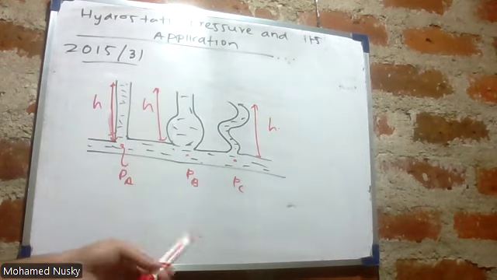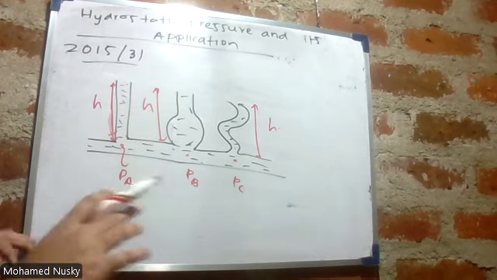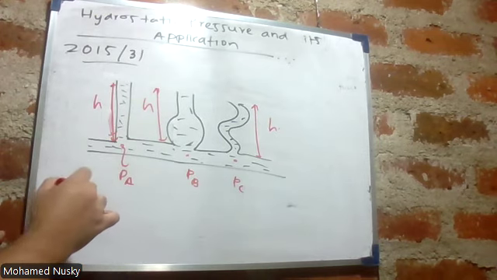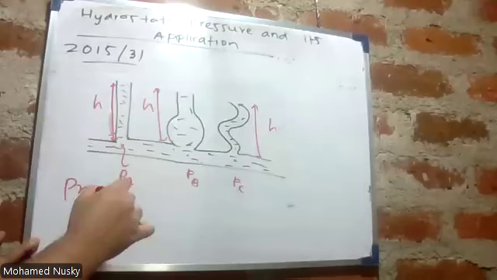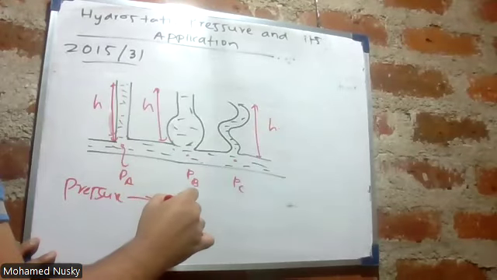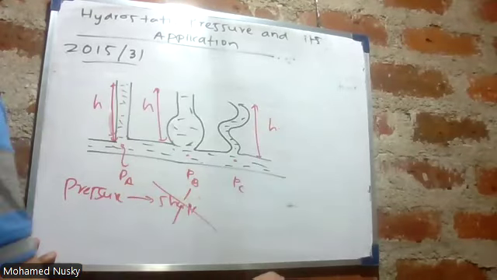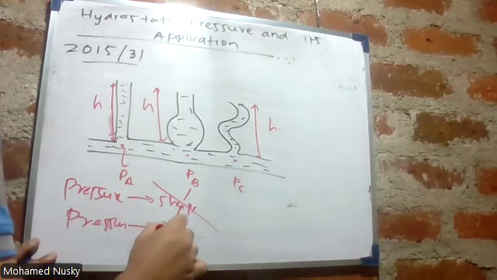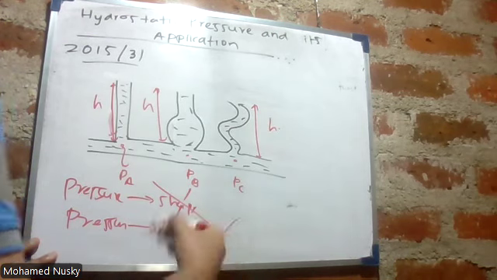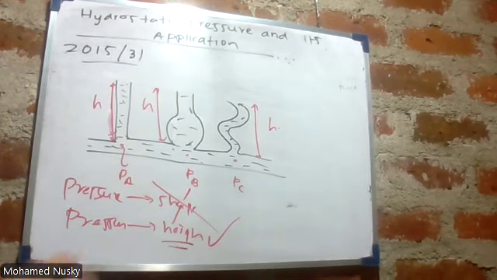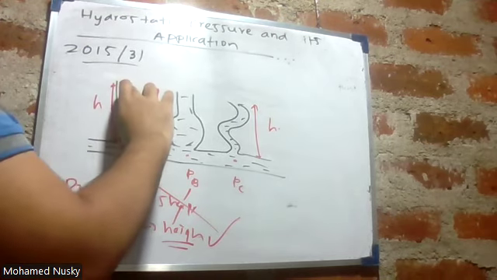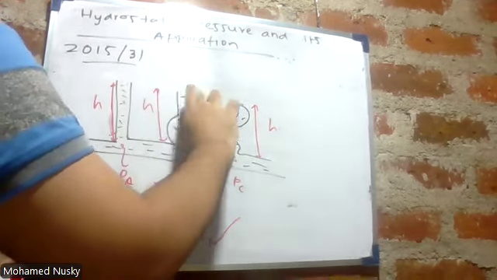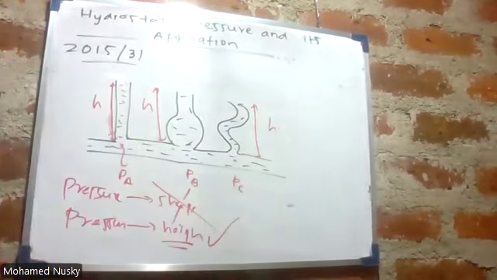Yes, A, B, and C will be equal, because the pressure at a point does not depend on the shape, but depends on height. Here also the height is h, here also h, here also h.